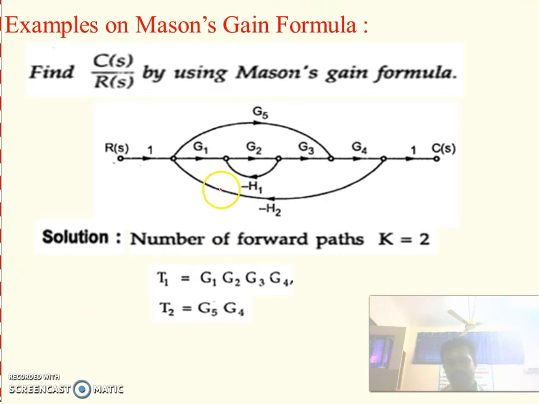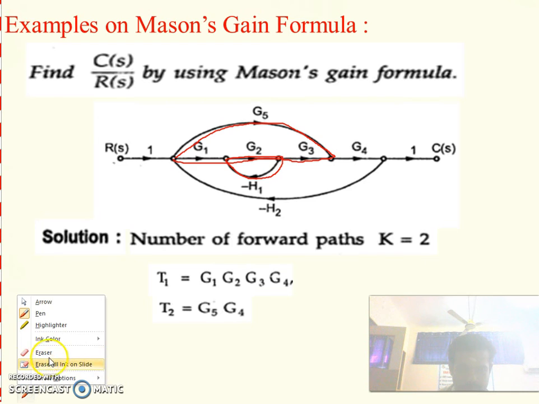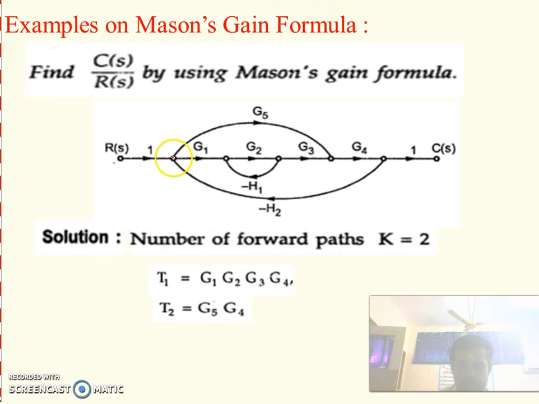Non-touching loops are loops which have no common nodes. Consider this loop and this loop. They have common nodes, so these two are touching. Now consider this loop and this loop.